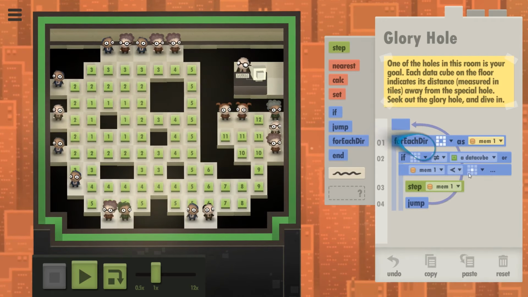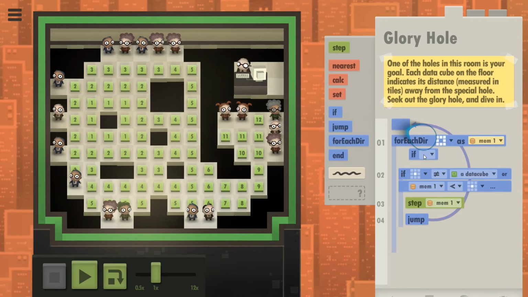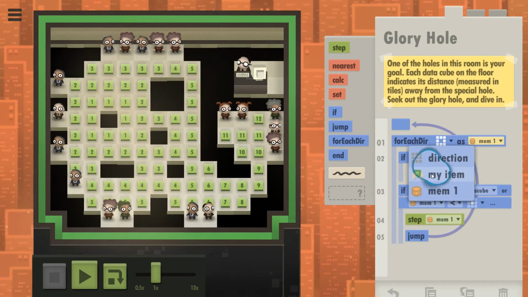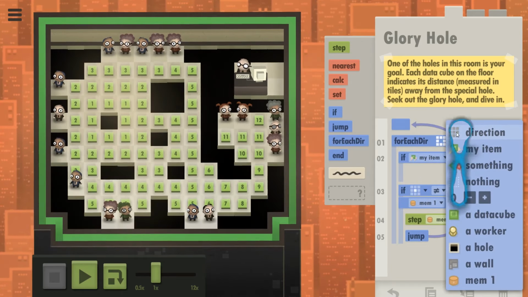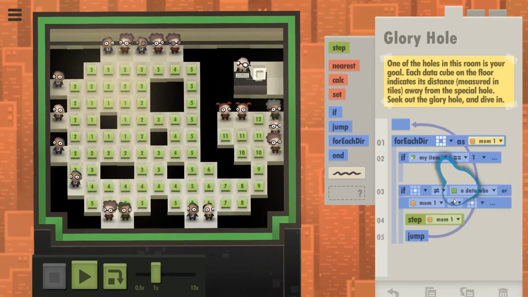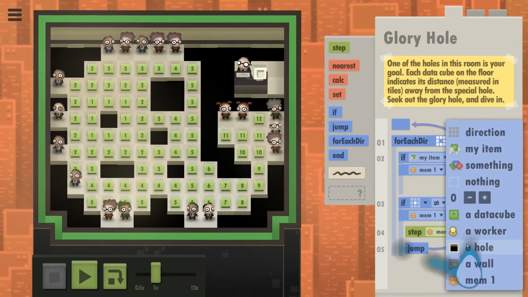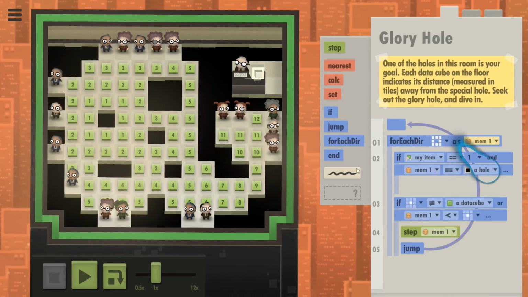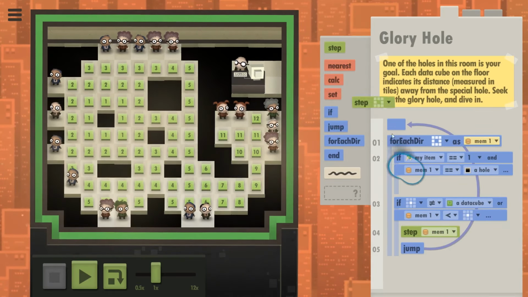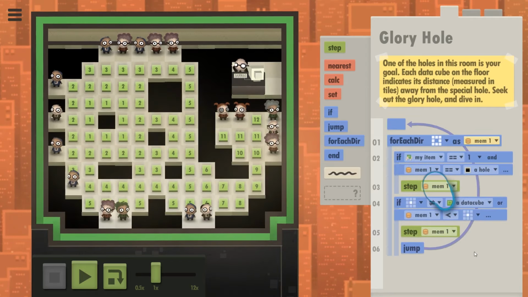Boom. If my item is 1 and mem1 is the hole, step to memory 1.